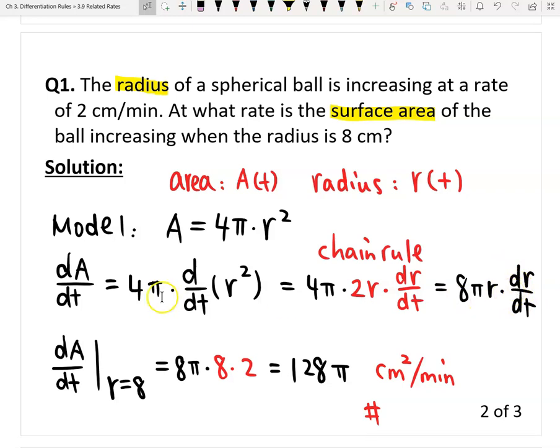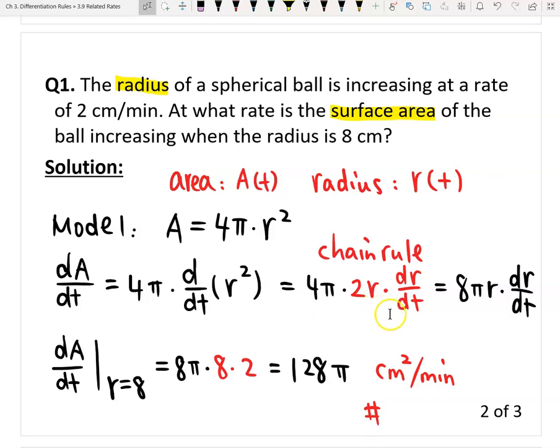The second, can you see in our question, dr/dt is 2. Why is it 2, not a negative 2? Because we look at the question, the ball is increasing, okay, which means the radius is increasing. Increasing has the rate always positive. If we have a question that is decreasing like that, so what? We need to find that the rate is negative, okay? The rate of change, which is the derivative, is negative, right?